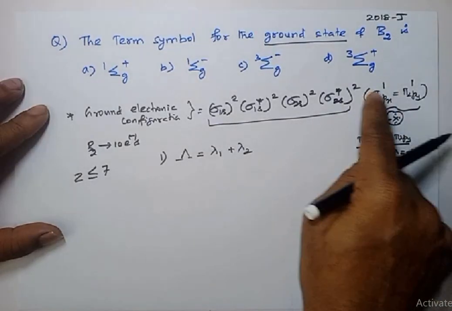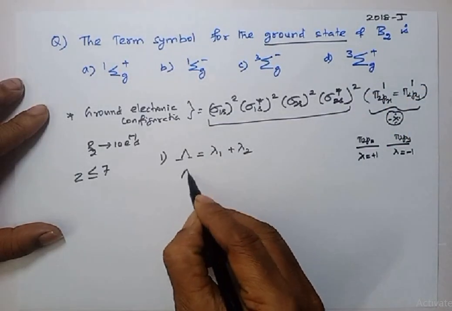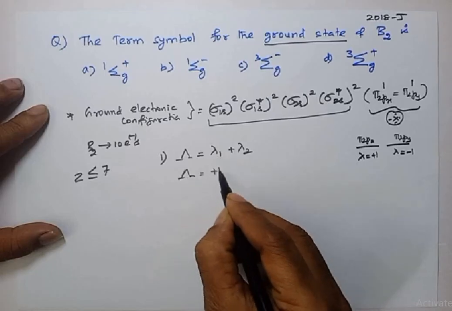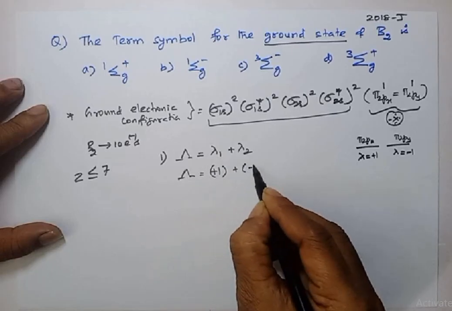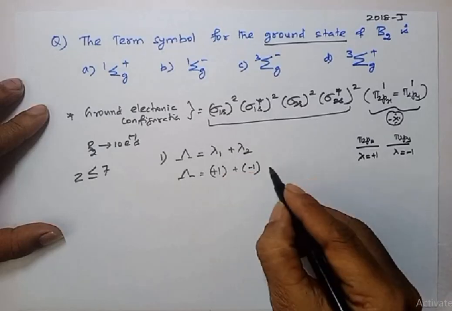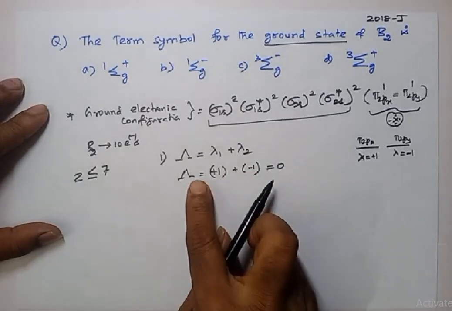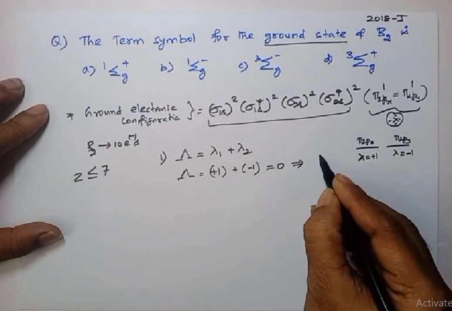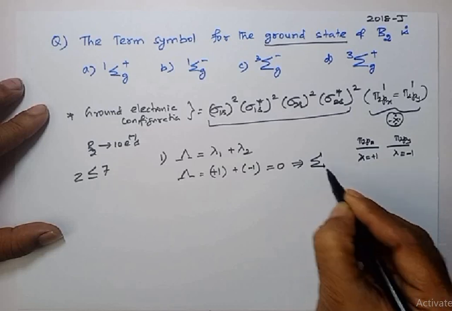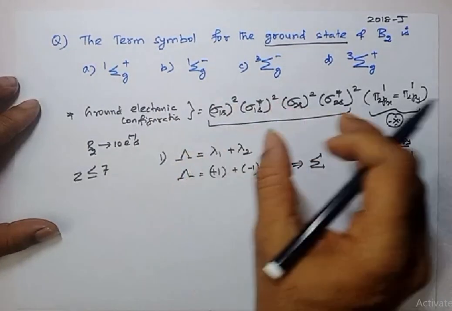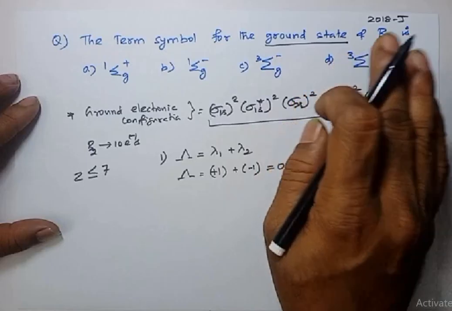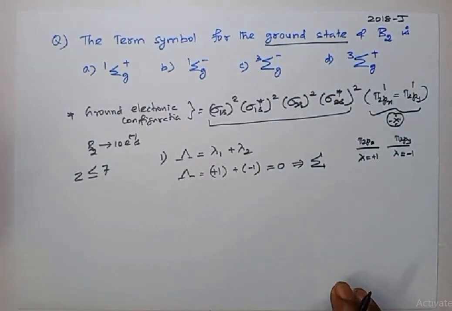I have one electron here and the other electron here. Therefore, lambda for electron 1 is +1 and for electron 2 is -1. If I sum these two, I get 0. If lambda is 0, yes, you will get the sigma symbol. So the ground state of the boron molecule also has the symbol sigma.